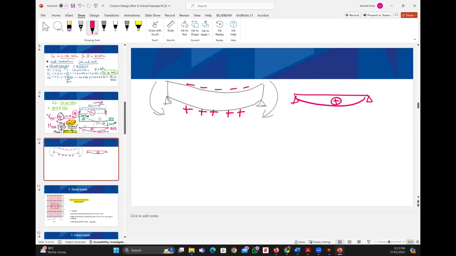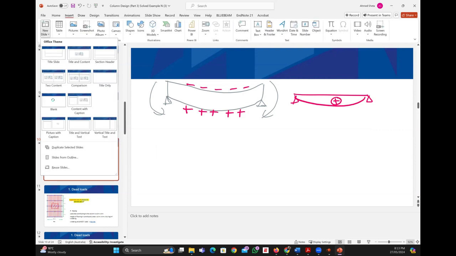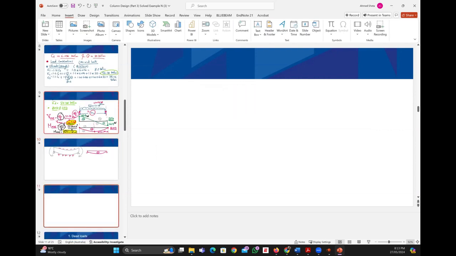Do you have any questions about drawing the bending moment diagram and shear force diagram now? No, thank you. All right. So what is the final step? The final step is to design or select the beam section. How to select the beam section?